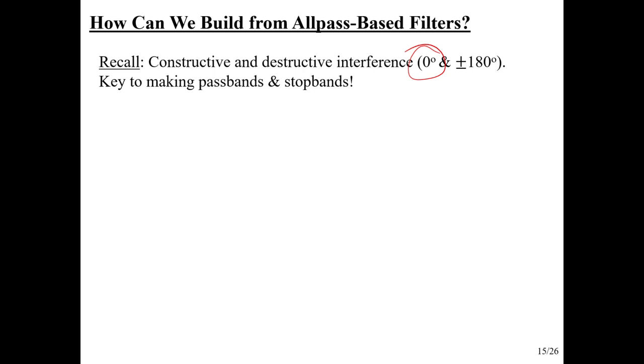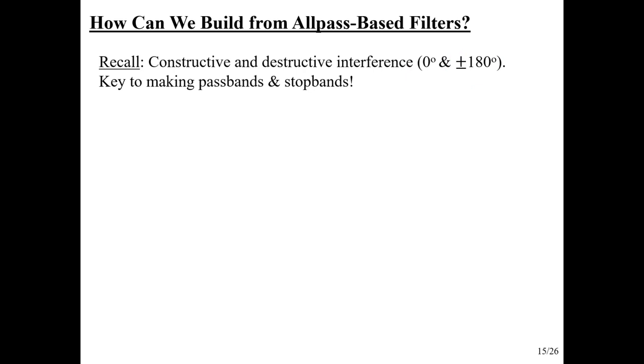But if we choose a frequency where the phase is plus or minus 180 degrees, then for that sinusoid, the input and output sinusoids will be 180 degrees out of phase. That's just negatives of each other.